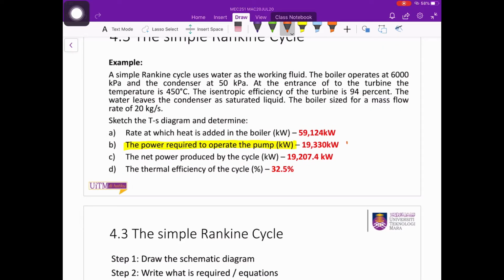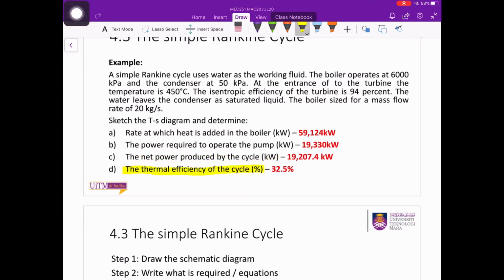So this will be W dot in. The net power produced by the cycle in kilowatt. This will be the power net out, and it is equal to power out minus power in.